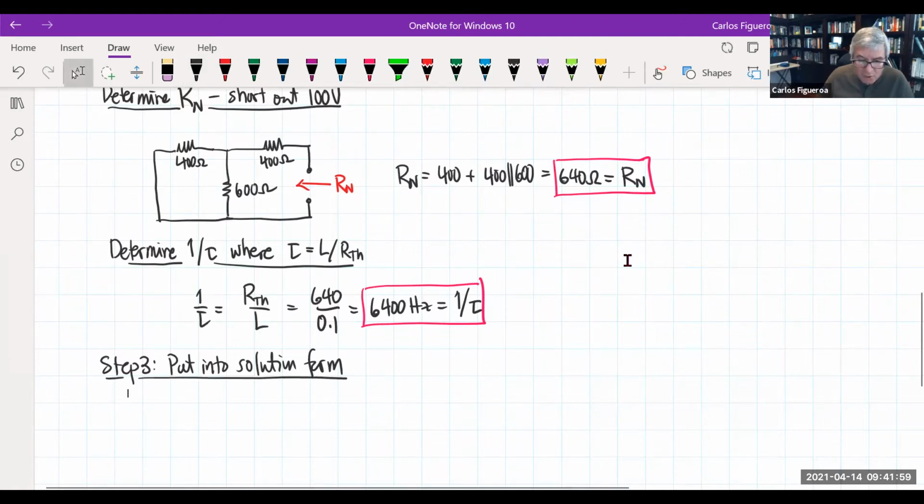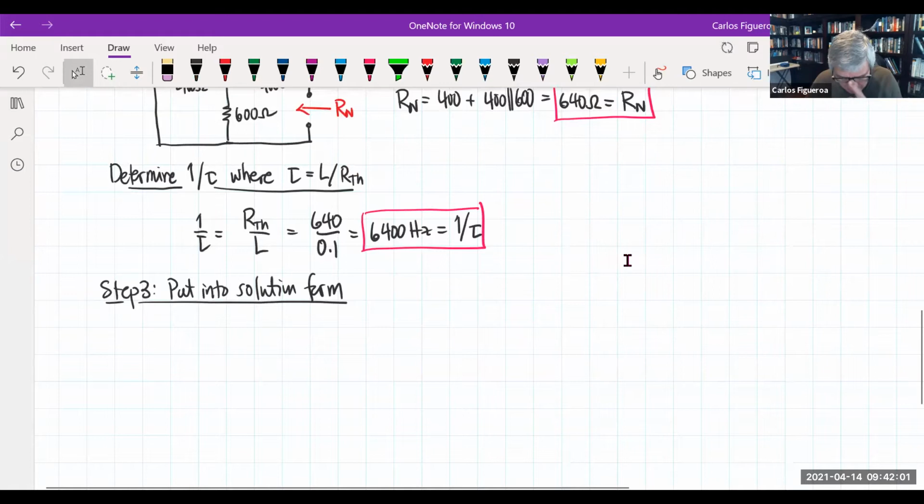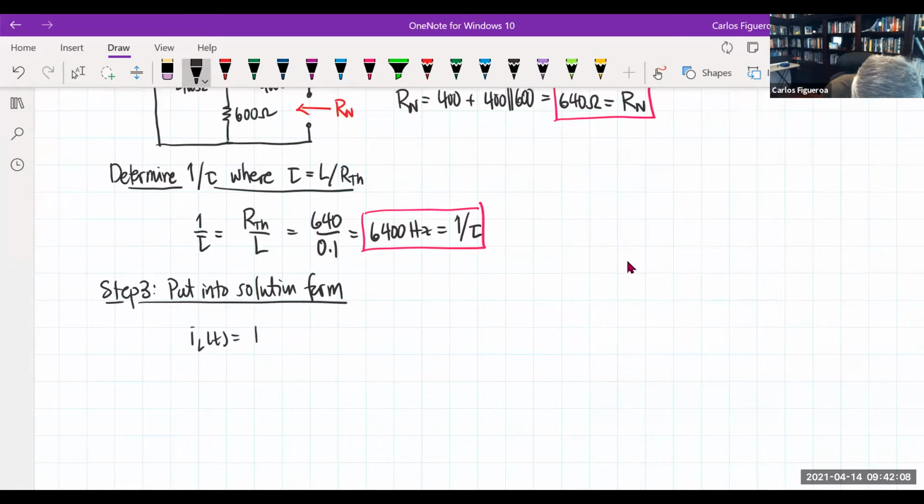So we know that the inductor current has to be I short circuit plus IL of 0 minus I short circuit, times e to the minus t over tau.